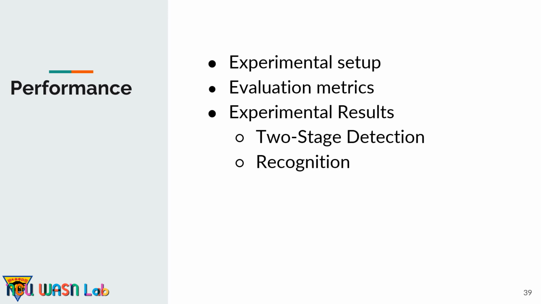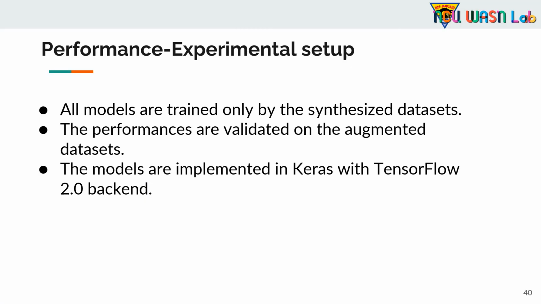And let's talk about performance. Our experimental result will be divided into 2 parts: 2-stage detection and text recognition. And it is important to know that all models are trained using synthetic fake data. In order to ensure the robustness of the system, part of the performance test is to use real data for verification.